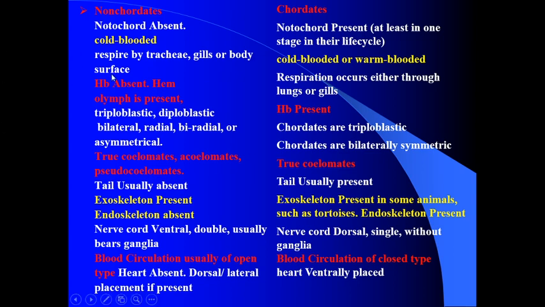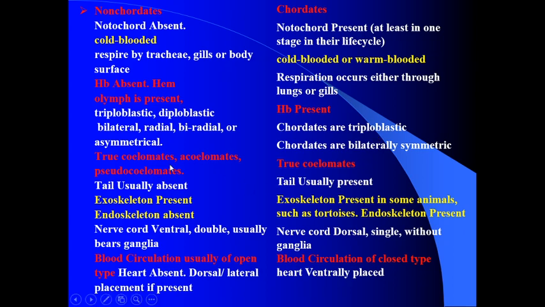Therefore, it is not reddish in color. Instead of hemoglobin, there is presence of a fluid which is called the hemolymph. In case of chordates, hemoglobin is present which gives red color to the blood. Non-chordates are triploblastic, some are diploblastic, whereas chordates are triploblastic.